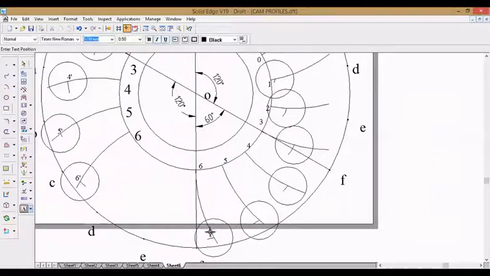So this gives you 6 dash reverse numbers. This is 5 dash, 4 dash, 3 dash, 2 dash, 1 dash, and that is 0.